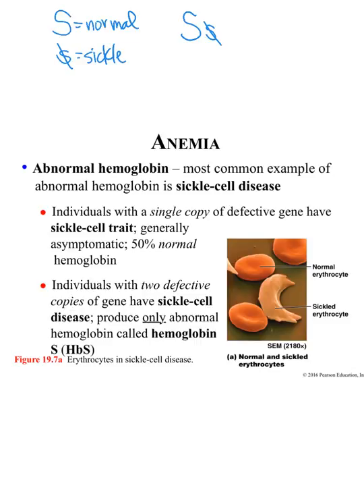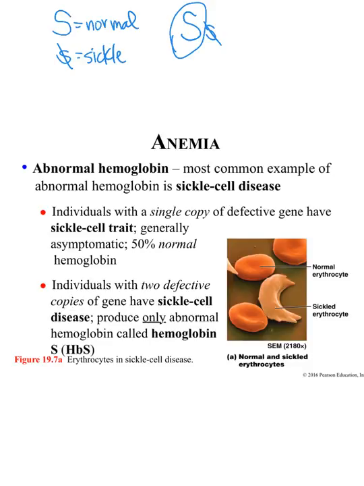Normally, you don't really notice any fatigue or tiring because at least half of your hemoglobin is still normal. Where you might see this is maybe someone that's an athlete that does a lot of cardiovascular exercise.